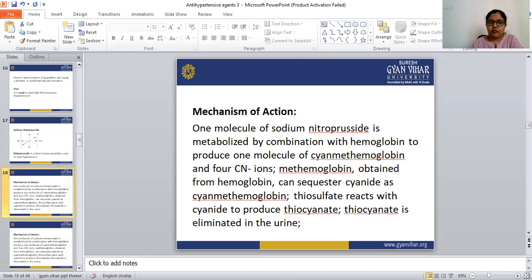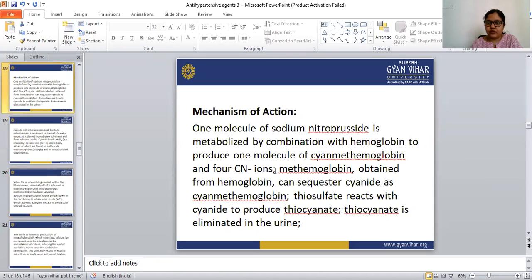One molecule of sodium nitroprusside is metabolized by combination with hemoglobin.